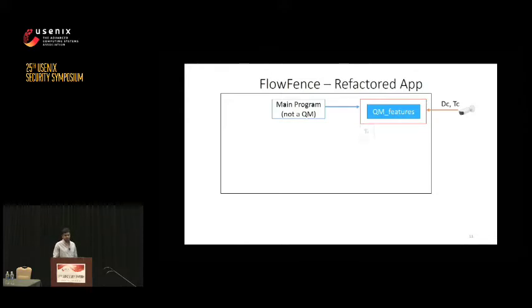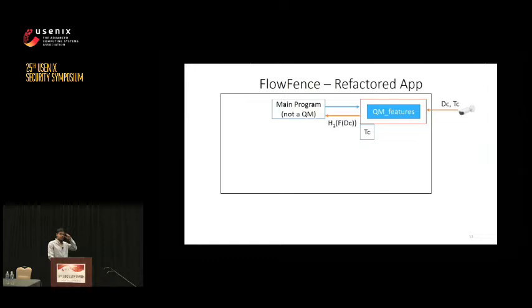When it does this access, the sandbox running the QM is labeled with that same taint label. Now QM features has computed its vectors, and when it does a return, as I said, FlowFence is going to intercept that return value and convert it into this opaque handle, which refers to the transformation of the input data. H1 is the opaque handle.